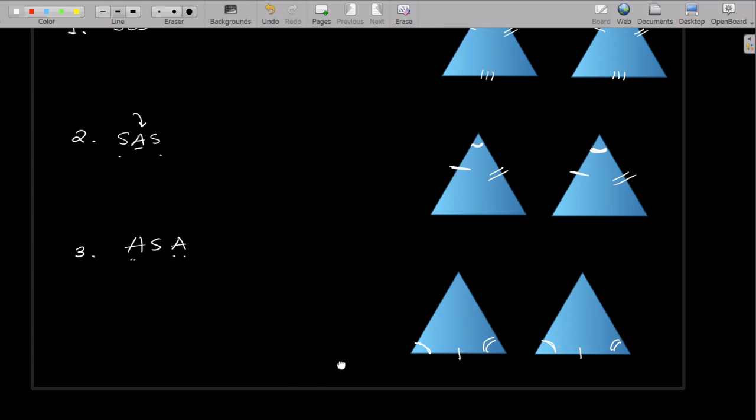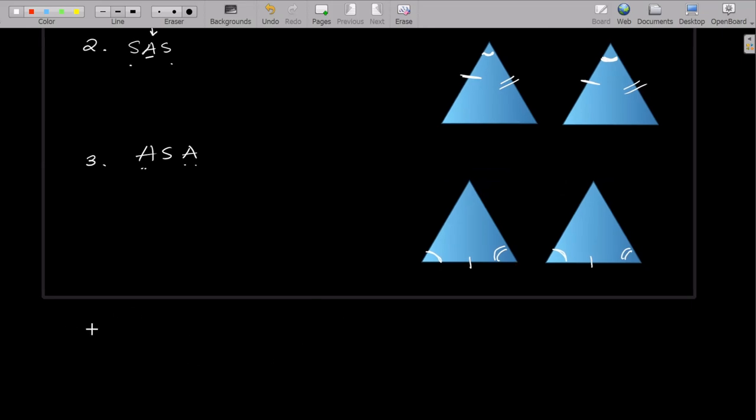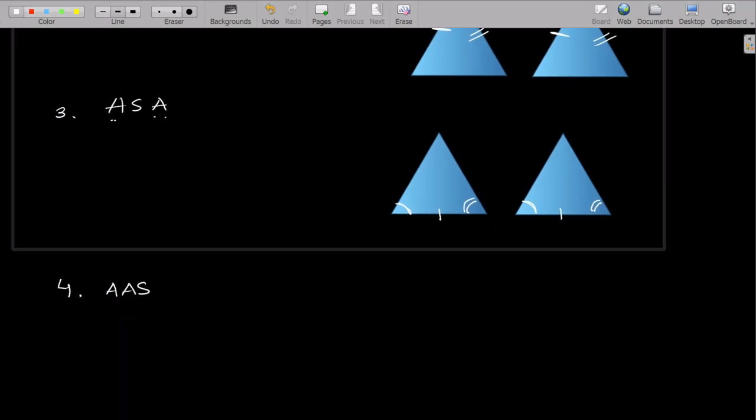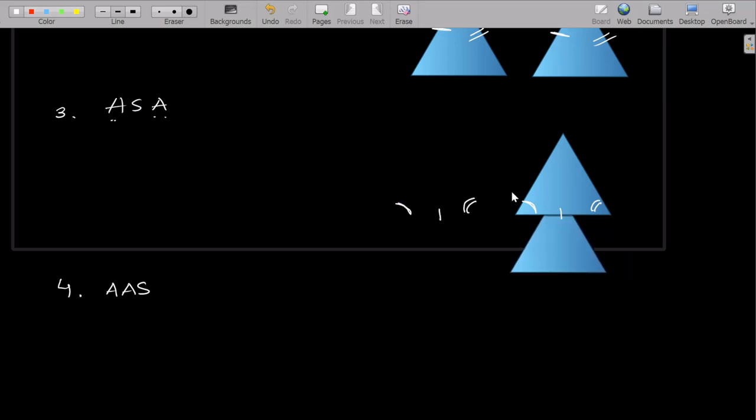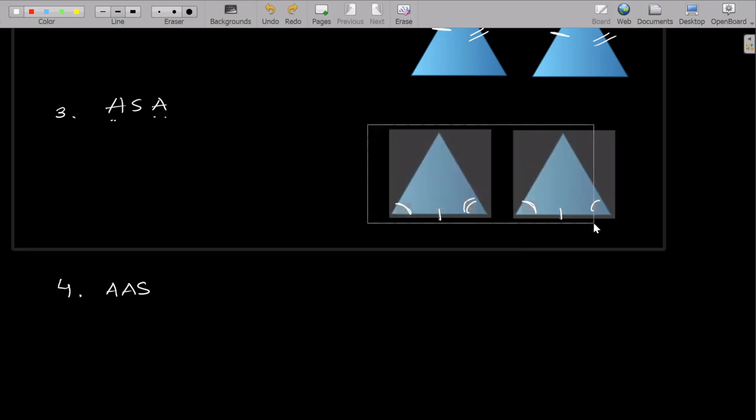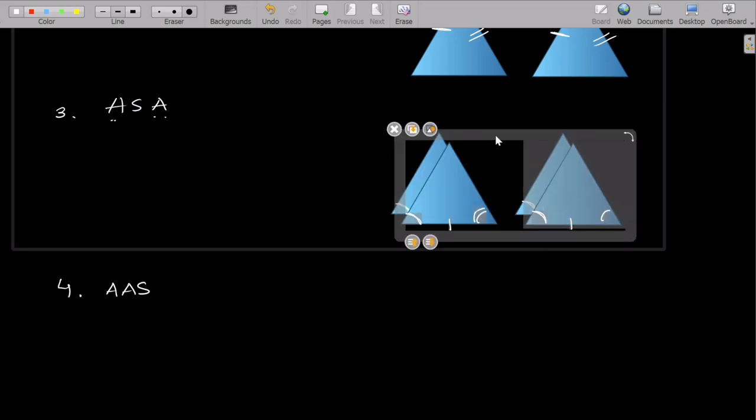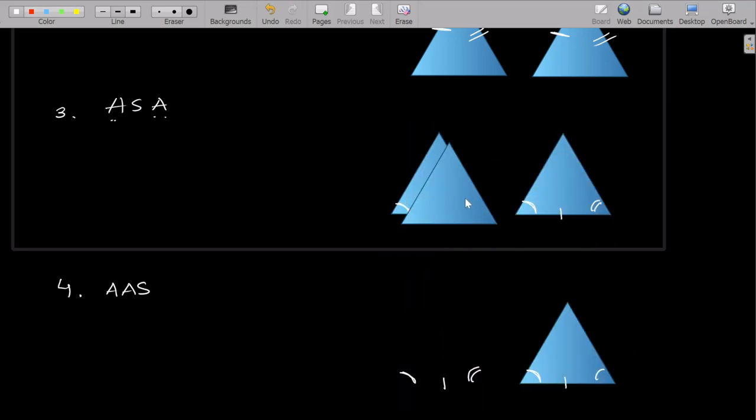There is one more, which is called AAS. In AAS, again you have two angles, but the side can be any side.